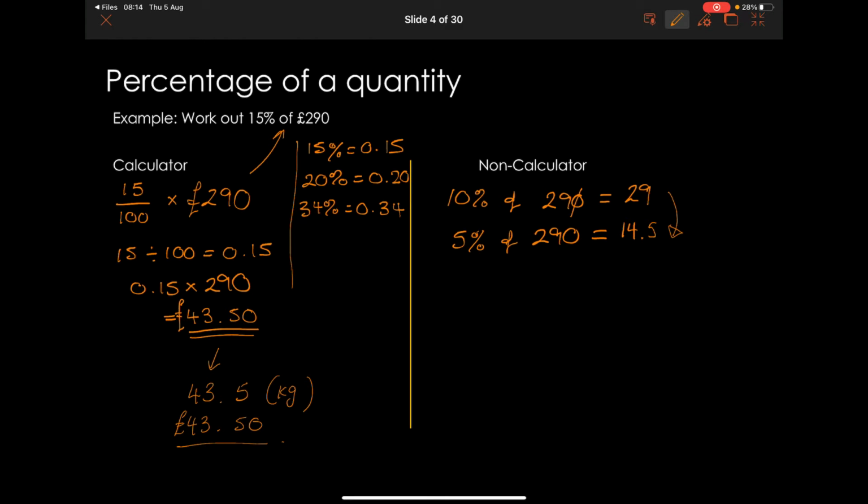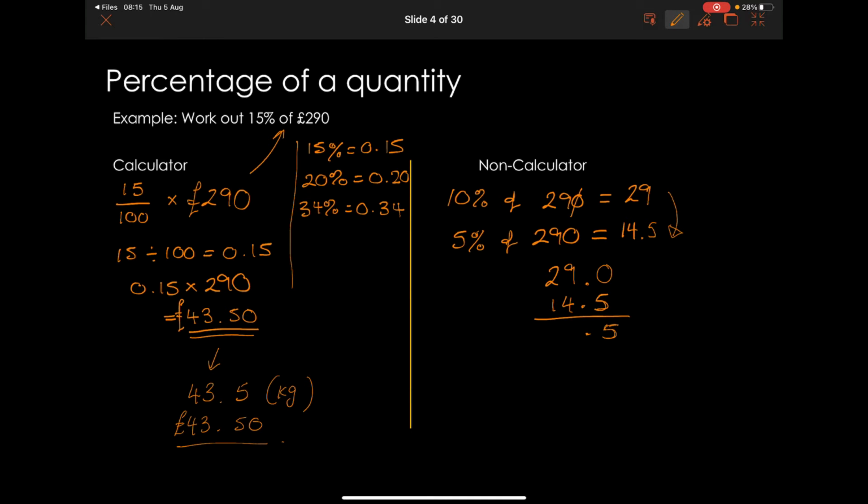Okay, then all I have to do is add them together, because 10 and 5 make 15. So if I add those together, again without a calculator, remember, I've got 5 here, so just put that there. Put my decimal point in. Don't forget as well, if you've got 14.5, you must write it where the decimal point is after the whole number.